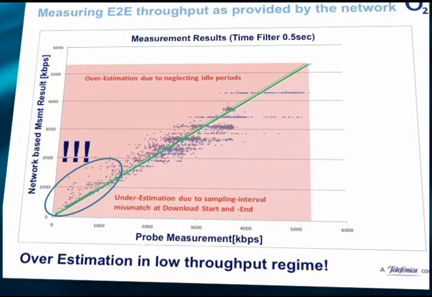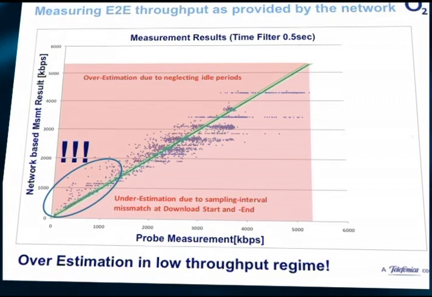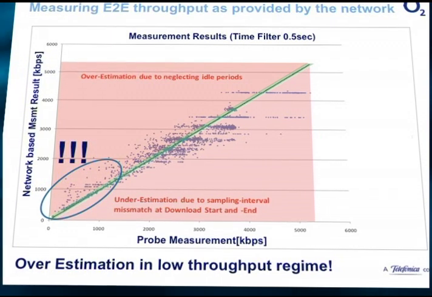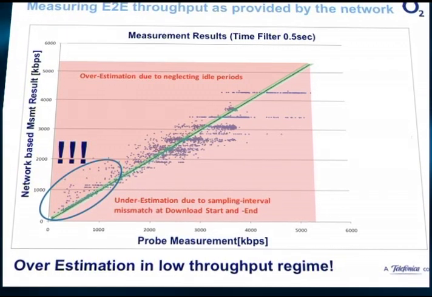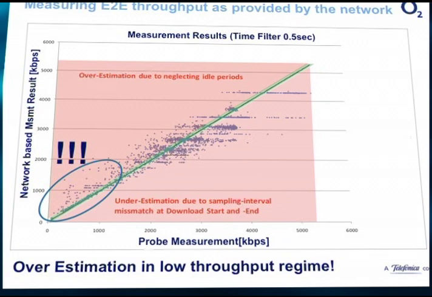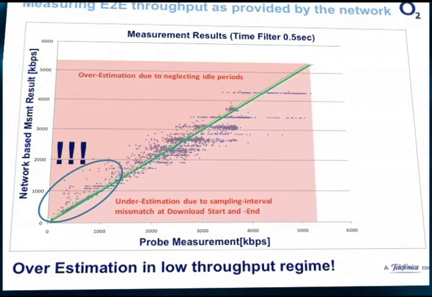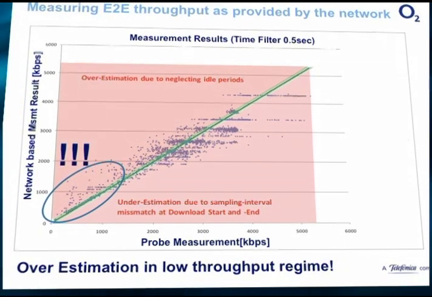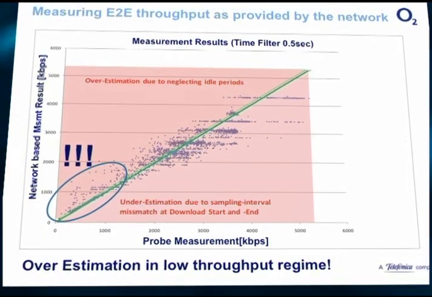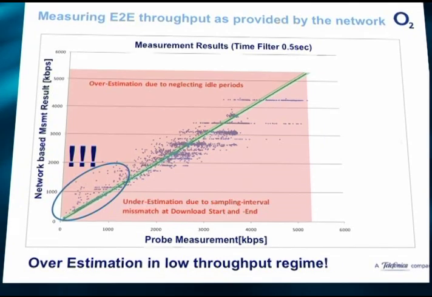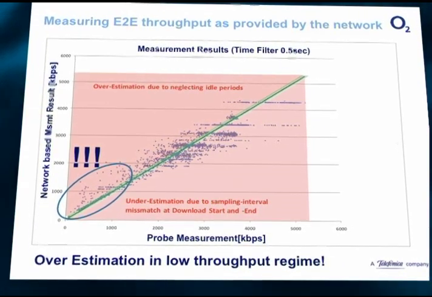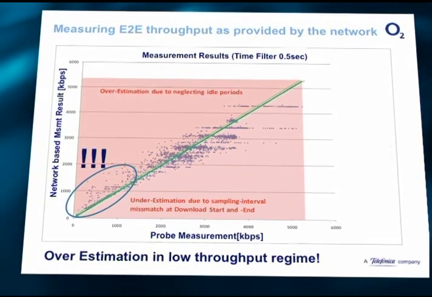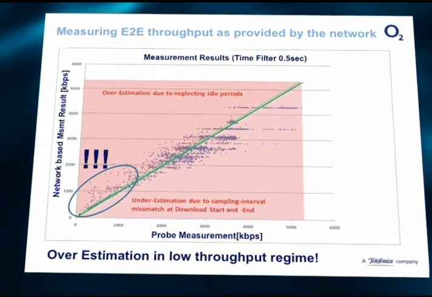Every point in this graph represents one measurement. The horizontal axis shows the probe measurement, that is the throughput as it really is at the probe. And the vertical axis is the network-based measurement result. So if you have a perfect match of network-based measurement with real throughput as observed at the probe, you would find all points lying in this green area here.